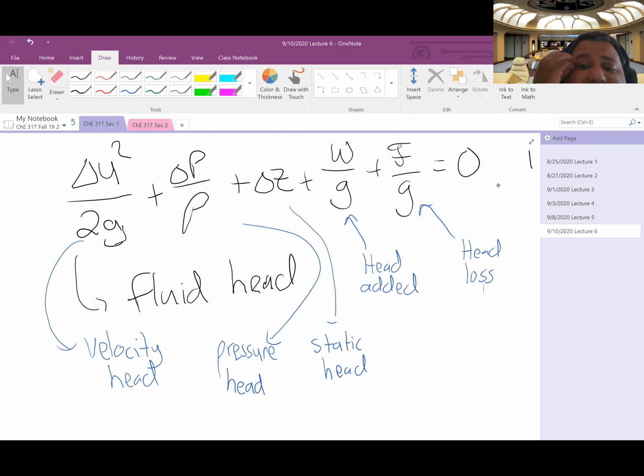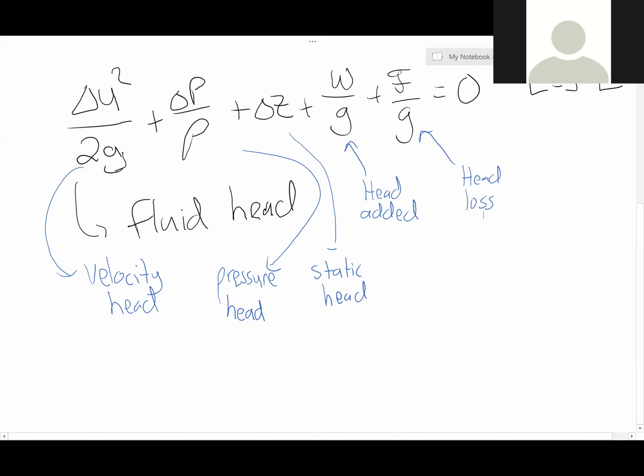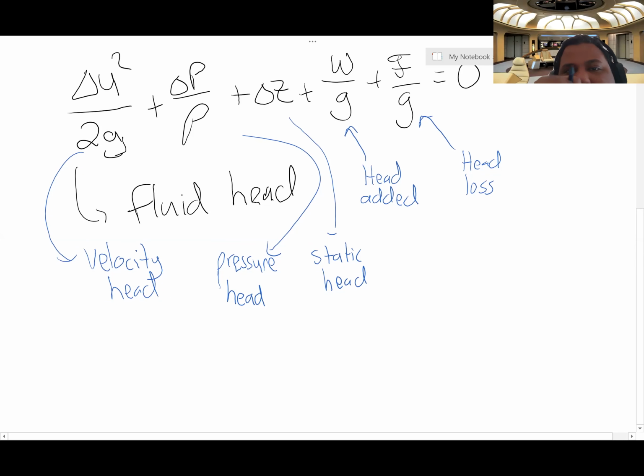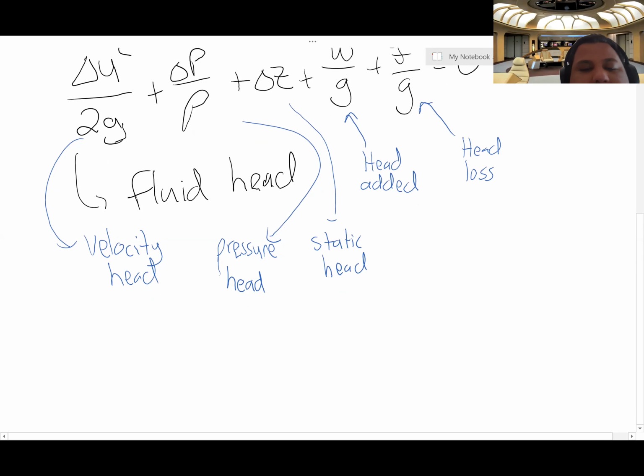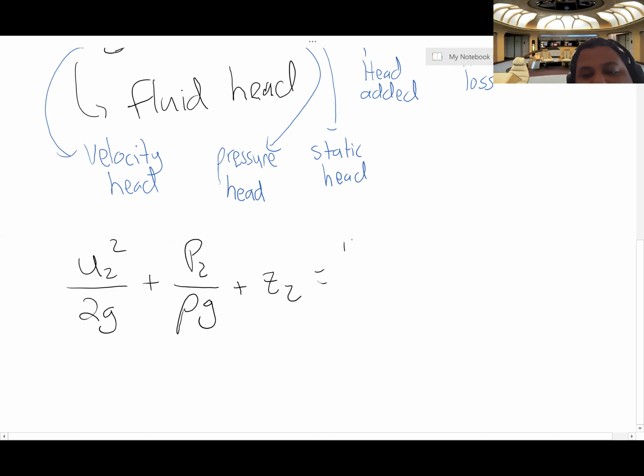And so what this does is we can describe each of these energy terms as a form of a length. And so what we can do is, if we're looking at a system outside of work and friction, we can designate everything in terms of fluid head. And it gives us an interesting implication.